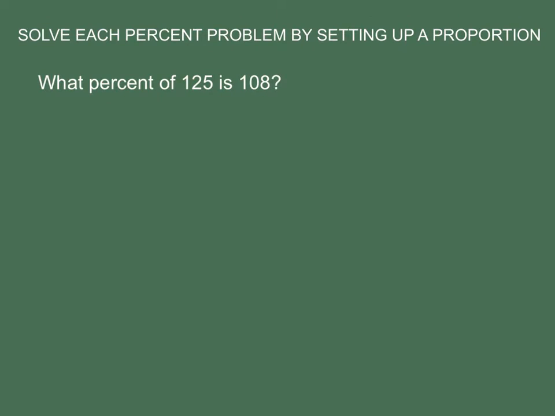In this problem, it's asking us to solve each percent problem by setting up a proportion. It's asking what percent of 125 is 108. I'll write out my proportion: is over of is equal to percent out of 100. What are we trying to find?